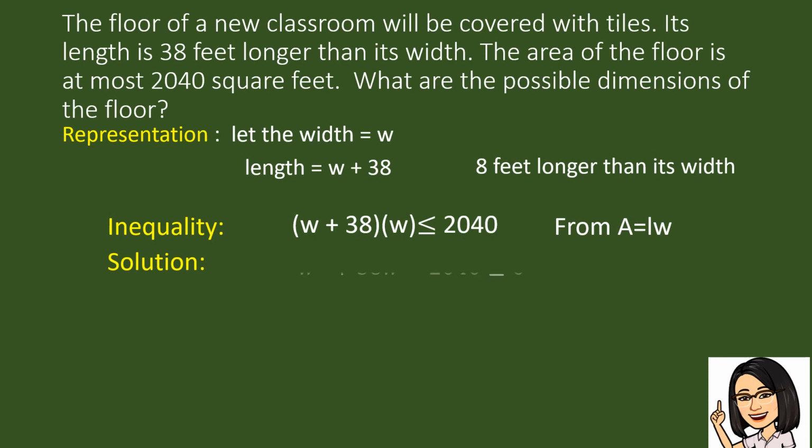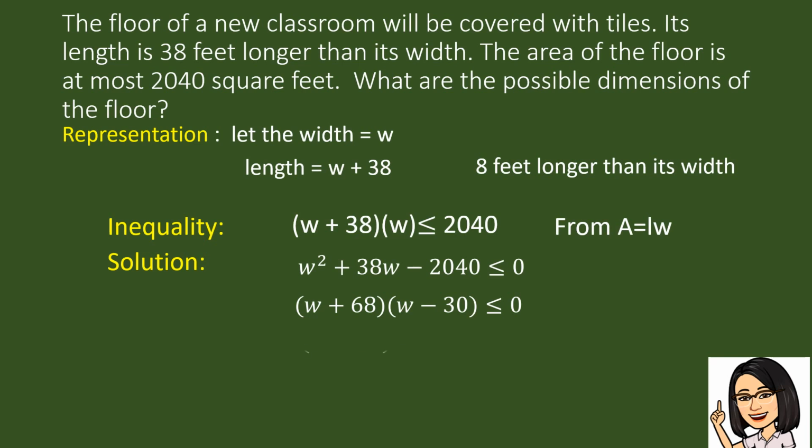Applying the distributive property, W squared plus 38W minus 2,040 is less than or equal to 0. By factoring, the quantity of W plus 68 times the quantity of W minus 30 is less than or equal to 0.